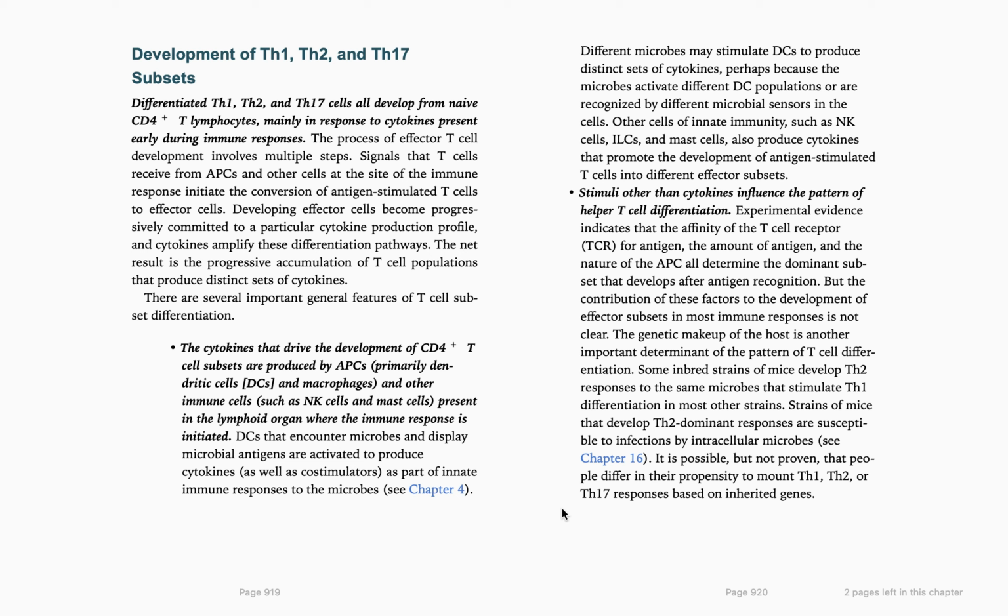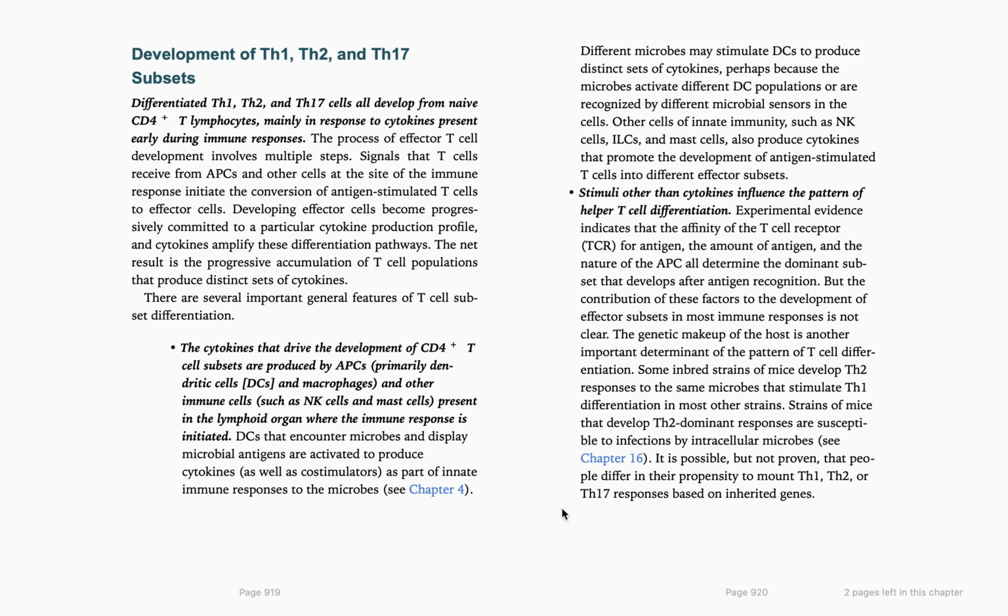Stimuli other than cytokines influence the pattern of helper T cell differentiation. Experimental evidence indicates that the affinity of the T cell receptor for antigen, the amount of antigen, and the nature of the antigen-presenting cell determine the dominant T subsets that develop after antigen recognition. But the contribution of these factors to development of effector subsets in most immune responses is not clear.